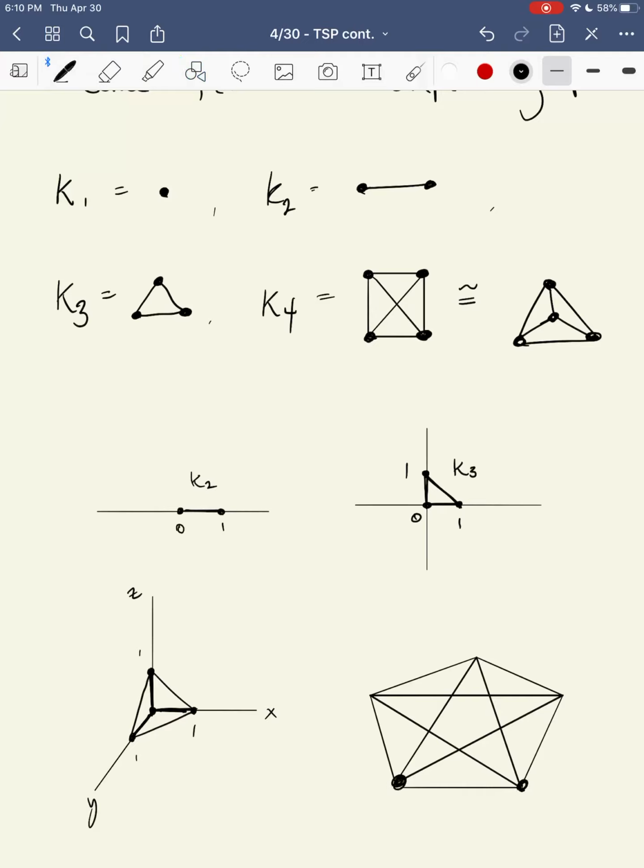And remember, K5 is our first non-planar graph. And so I wonder, if you put 1s on all of the axes in 4-dimensional space, would you see something that looks like a K5 positioned in some way? I don't know. These are interesting questions.